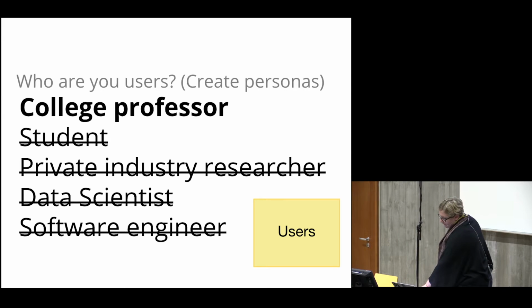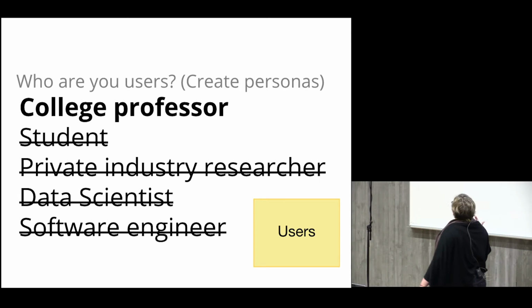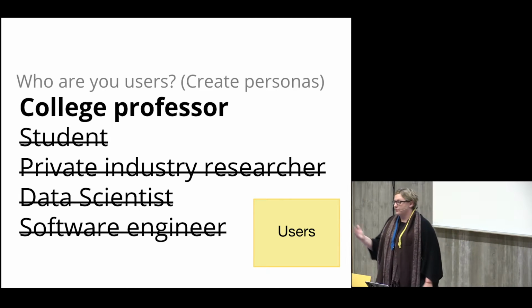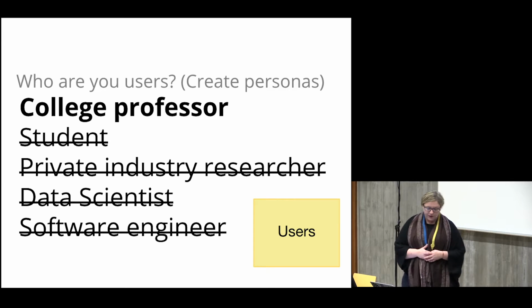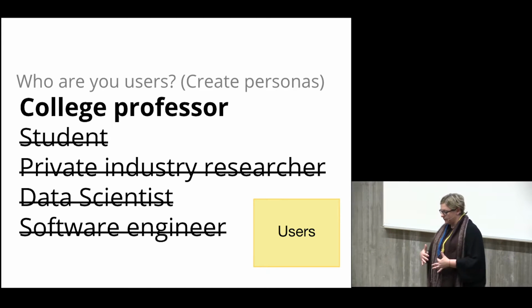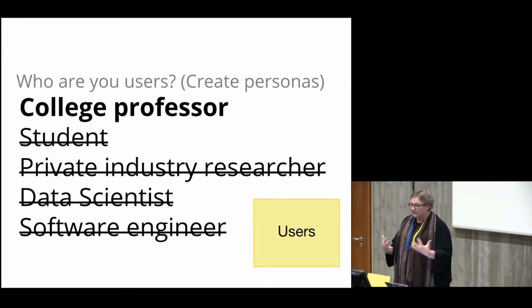So focusing on the college professor, a lot of the experience that we found is that if they do have programming experience, sometimes it's Java, sometimes it's Python, which is awesome. But sometimes, let's say in this example, there's this attachment to old tools, not because of safety and security.